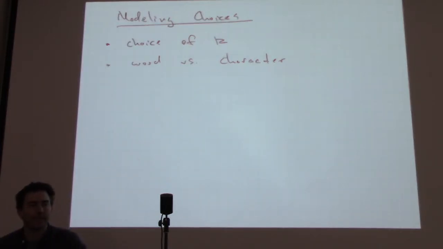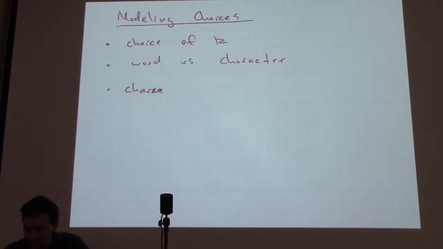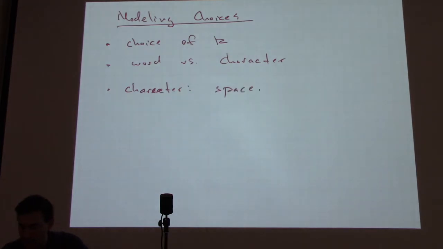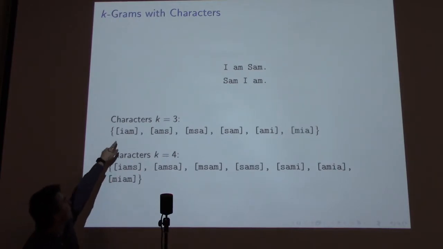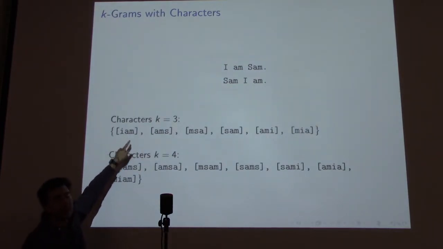Yep. You didn't include any spaces? So in the charactergrams, did I include spaces? Right. So if I go back here, I am Sam. There could have been a space between I am.